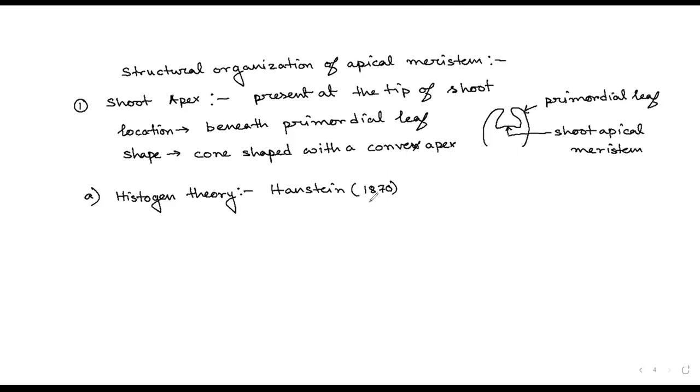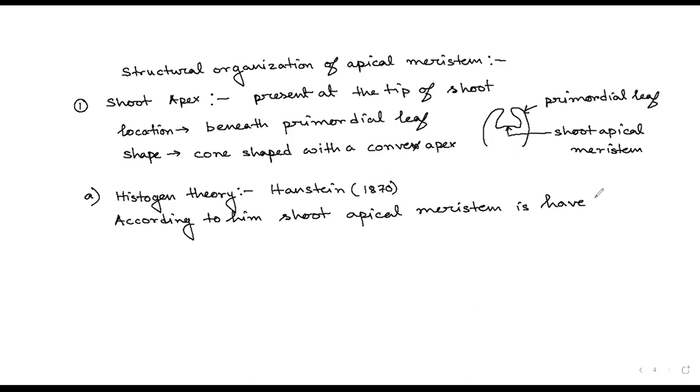According to him, shoot apical meristem has three distinct layers.